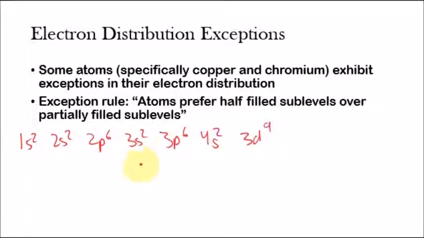Okay, so from here, let's look at the electron configuration in these sublevels. I'm not going to write the complete electron distribution, I'm just going to write it for these sublevels. So we have one 4s orbital, and then we have 5 3d orbitals.